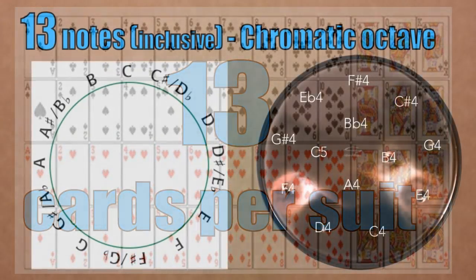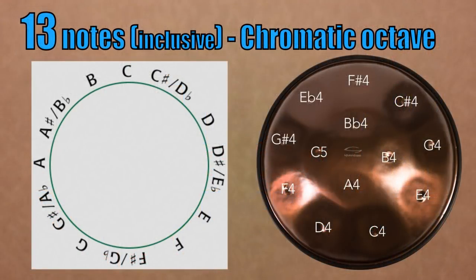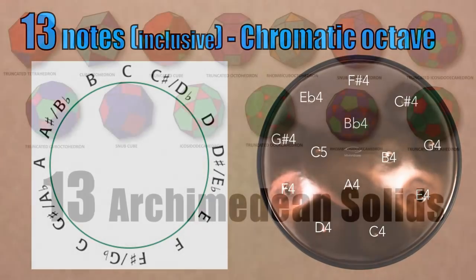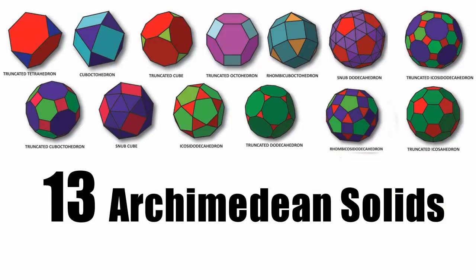Now also in regards to music, on the chromatic octave there are 12 notes but 13 inclusive, so again 12 plus 1 leading to 13. And as music, geometry, arithmetic and astronomy are connected together, 13 is also referenced, very importantly, in geometry.